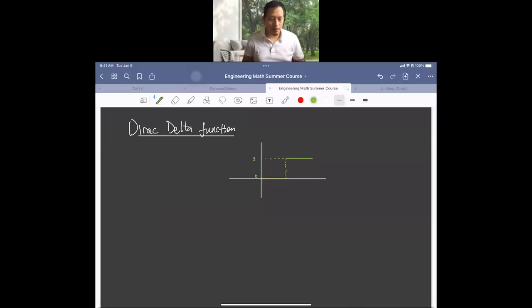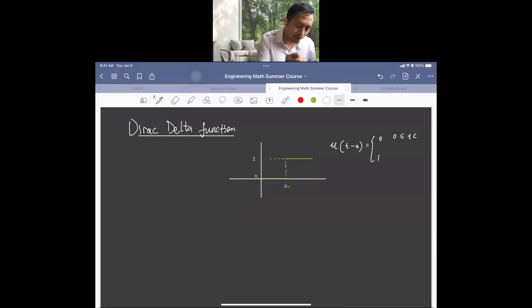We say that this is our step function, and maybe this is a, then we can say Heaviside t minus a. So it can be 0 or 1: 0 for t less than a, and 1 for t greater or equal to a. This is our Heaviside.